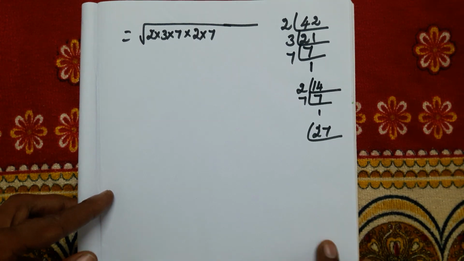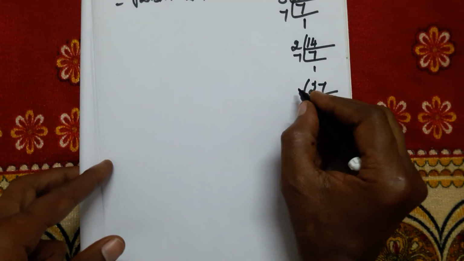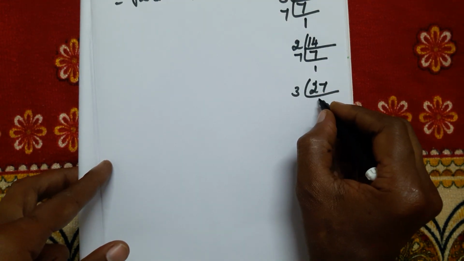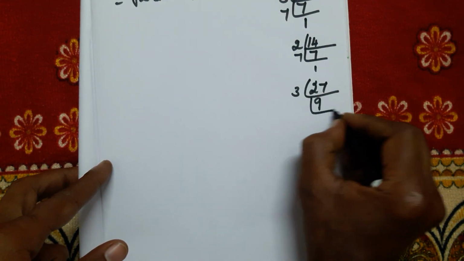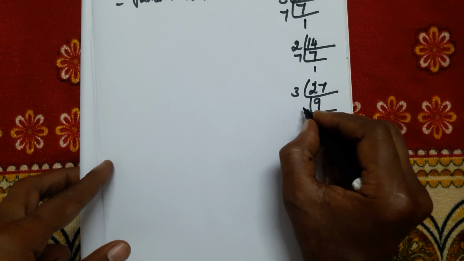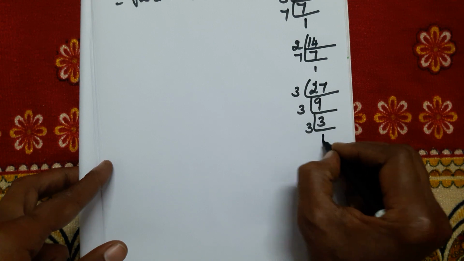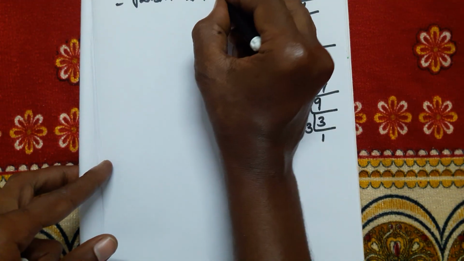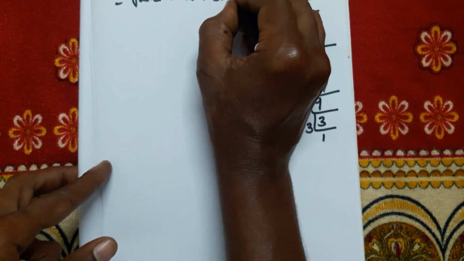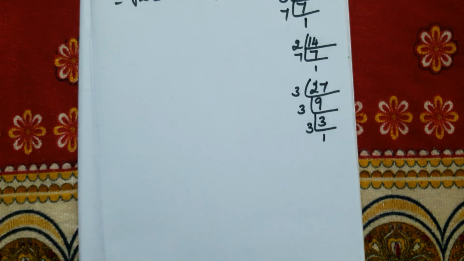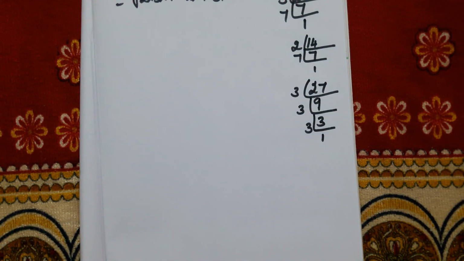Factorizing 27 with the 3 table: 9 threes are 27, and 3 threes are 9. So we can write 3 into 3 into 3.